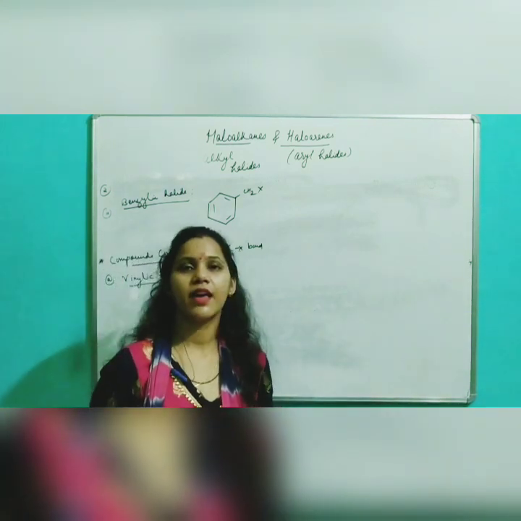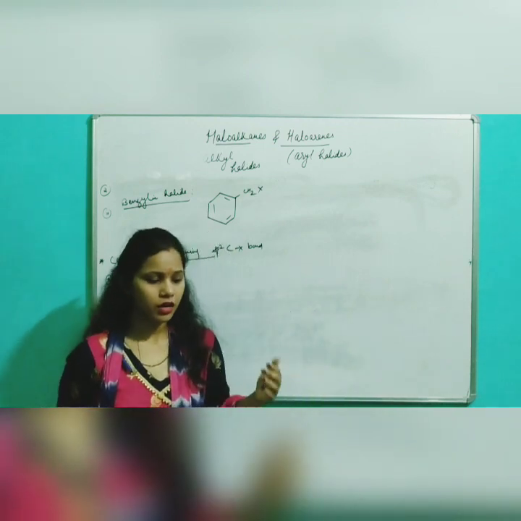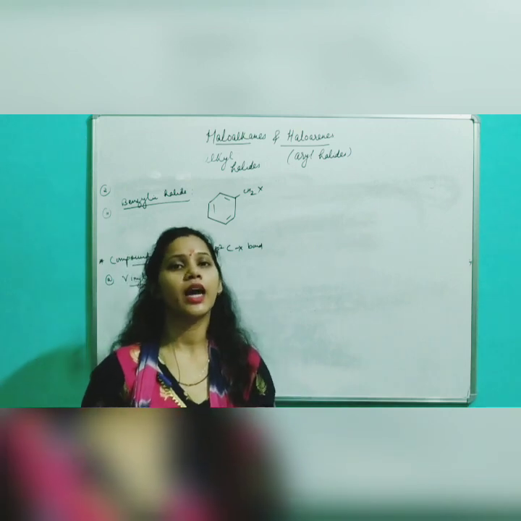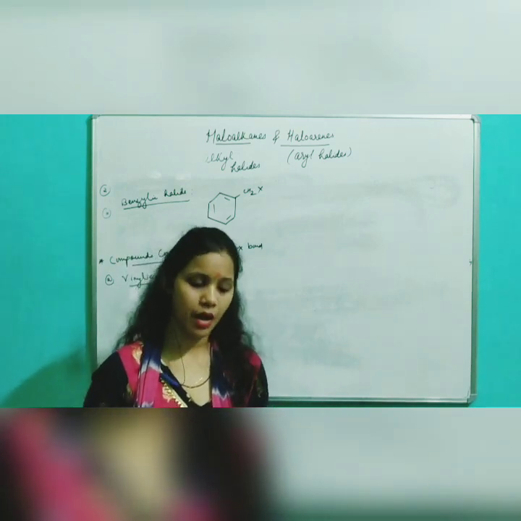In allylic halides we have seen that these are the compounds in which the halogen atom is attached to the sp3 hybridized carbon next to the carbon-carbon double bond.